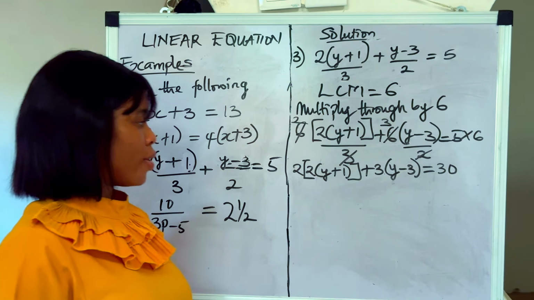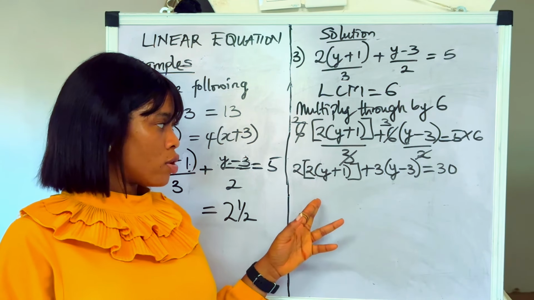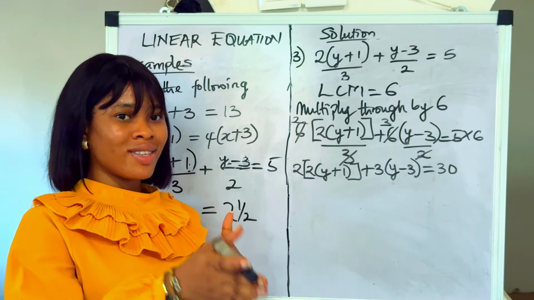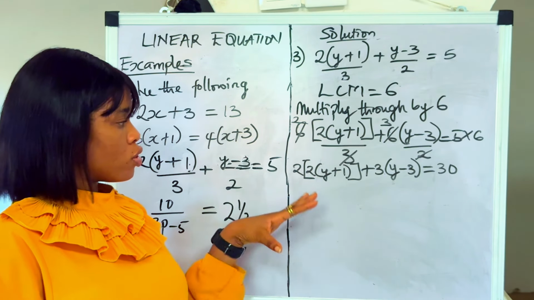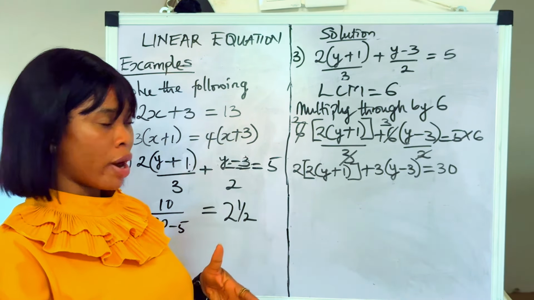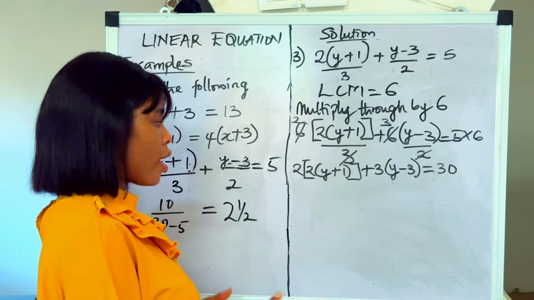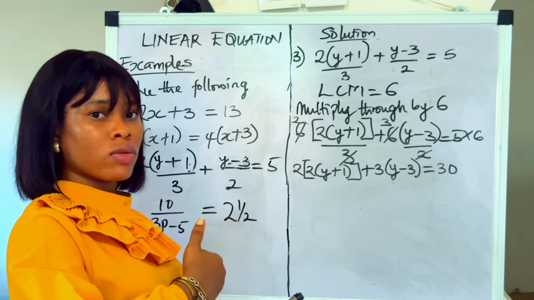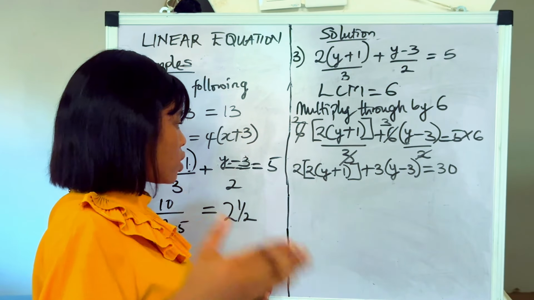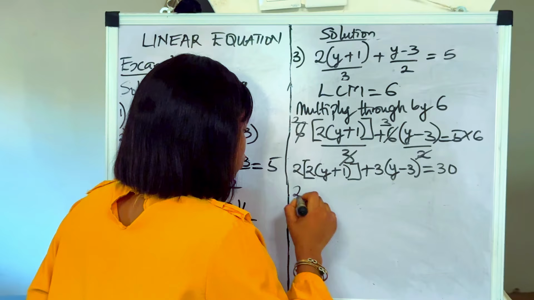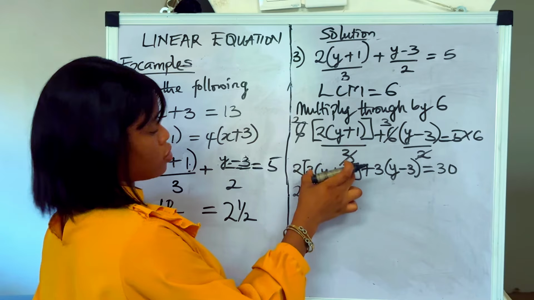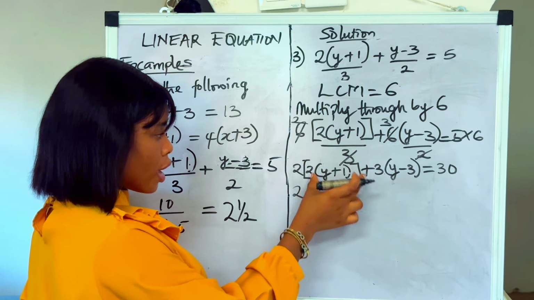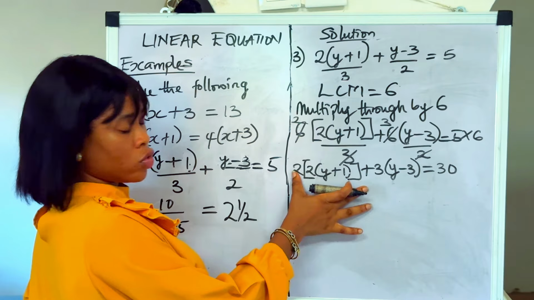Now you see that it has led us to a simple linear equation but involving brackets. So what we do now is to clear the bracket. Clearing the bracket, we use whatever is outside the bracket to multiply whatever is inside the bracket. This has 2 brackets, so I have to clear this first and then come to the other.